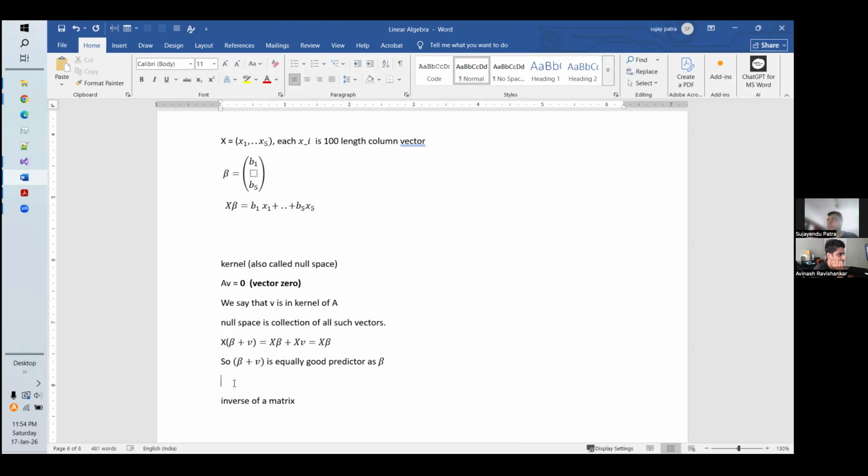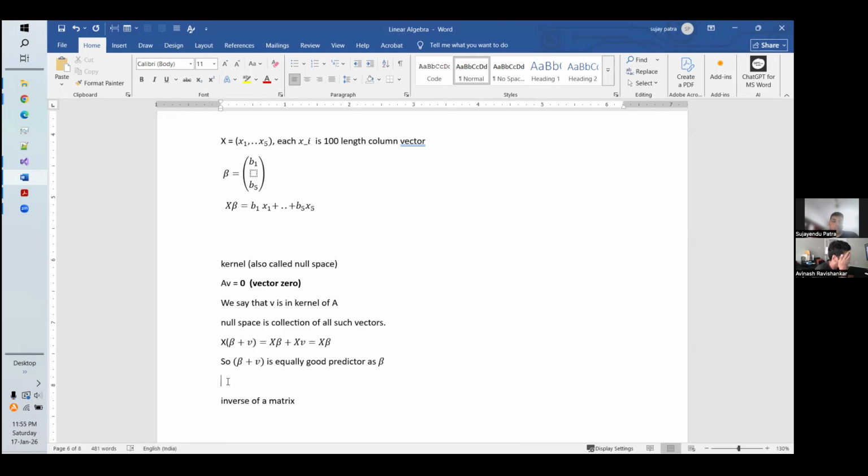But that's a problem for us, because if for different beta you get different prediction, then you can choose whichever is closest. So the way it should be said is beta is equally as good a predictor as beta plus V. Yes, and you can do beta minus V also. It's the same thing.